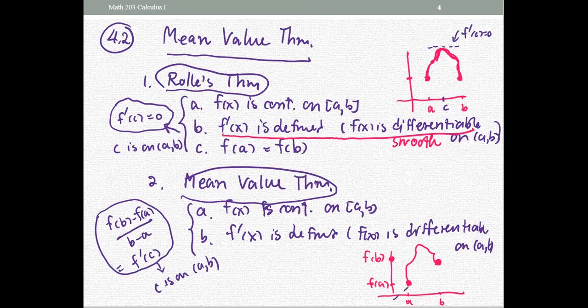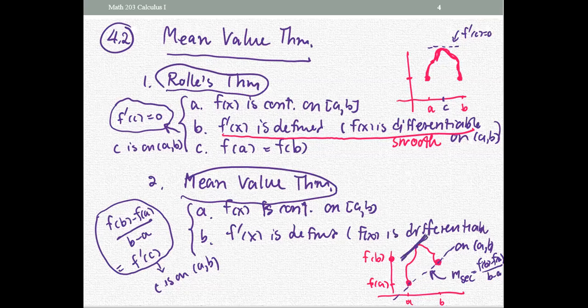First of all, draw the secant line passing through the two endpoints, point A and point B. This dotted line has slope M secant, which is f(B) minus f(A) divided by B minus A. It's going to be the same slope as when you draw the tangent line at some point on the graph.